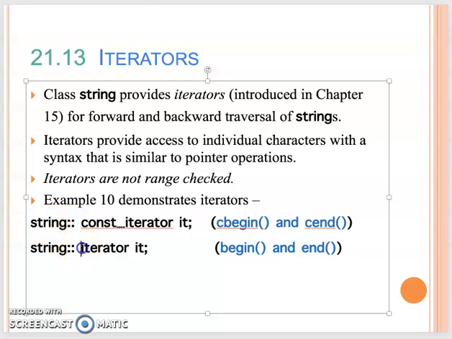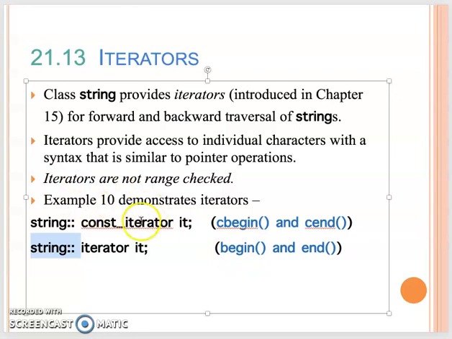Then you have the iterator, and you can modify through it. The same thing, you need to specify that it's from the string class. If you do constant read-only, you can use cbegin or cend to check when they finish in the loop. If you want to modify your string, then you need to use the iterator.